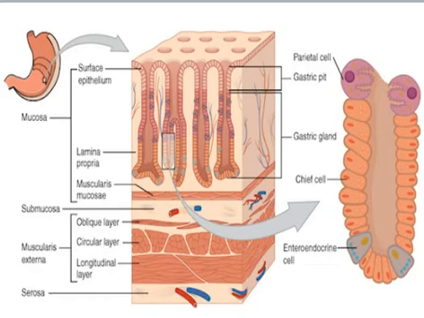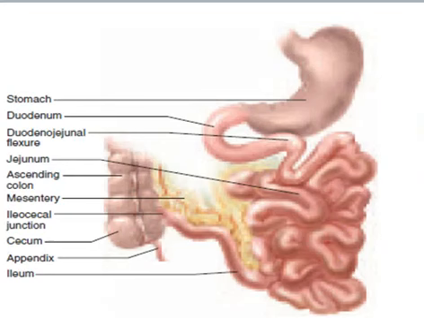Now, we want to speak about the large and small intestine. The small intestine is a coiled mass, and it is divided into three regions.